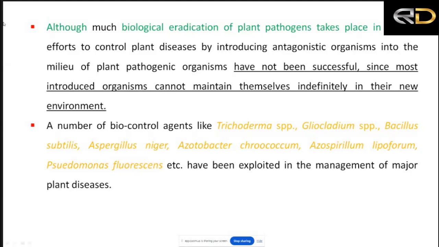A number of these, Trichoderma, Bacillus, Aspergillus, are in use nowadays, and they are helping in controlling pests, and they can mostly be used in integrated nutrient management. But in organic farming, we do not have any other option, so we should be focusing on these in order to control the pests that we will be encountering in organic farming.